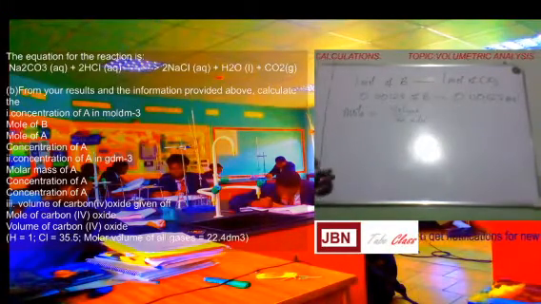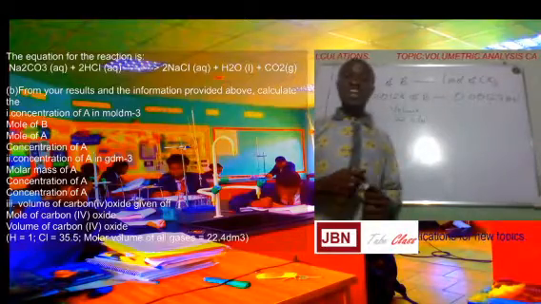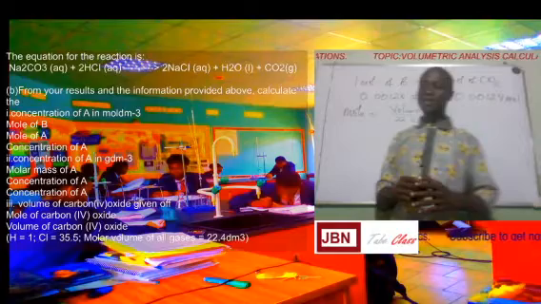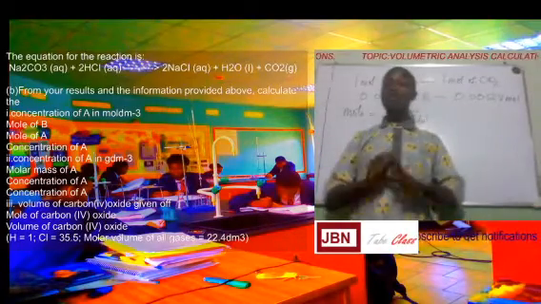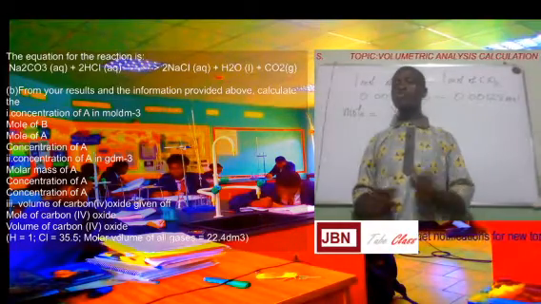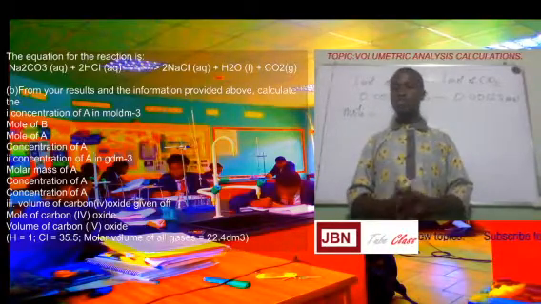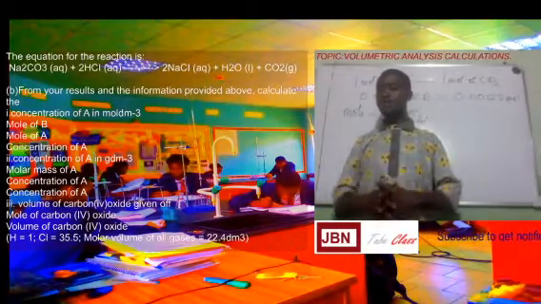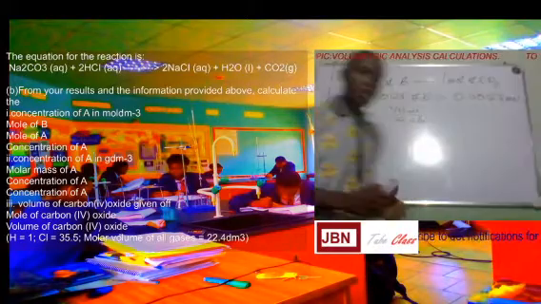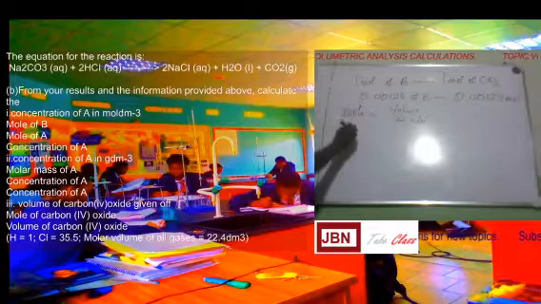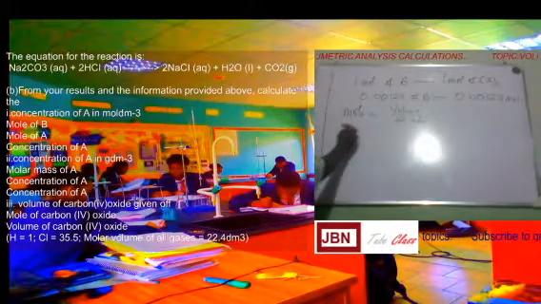Now, 22.4 dm cube is the molar volume of all gases, and we are going to use that to calculate the volume of carbon dioxide given off.